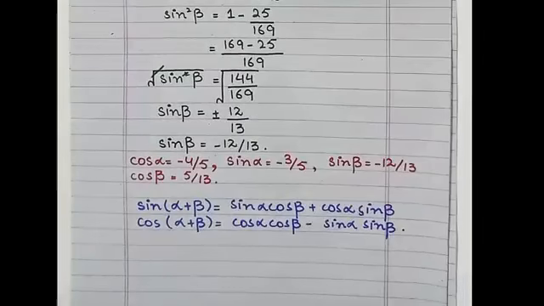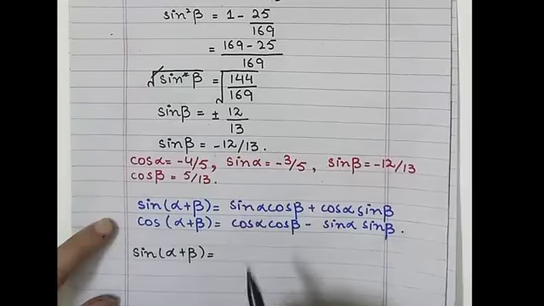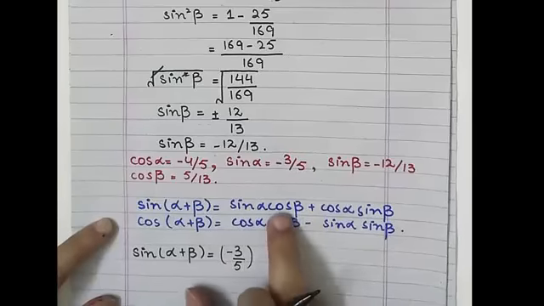So now putting the values, sin of alpha plus beta is equal to sin alpha. The value of sin alpha is minus 3 over 5 into cos beta.